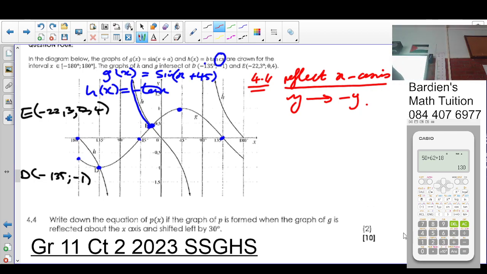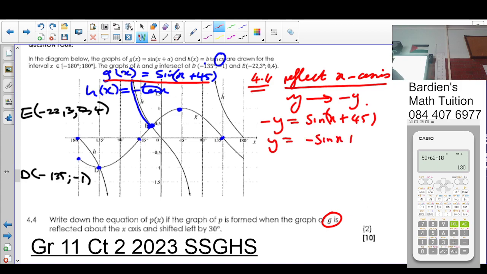So if something is reflected in the x-axis, y becomes negative. So it's a reflection of g. This is the equation of g. So it becomes negative y is equal to sine x plus 45, which is simply y is equal to negative sine x plus 45. Then the graph shifts 30 degrees to the left. Do I add or subtract the 30 degrees? You add the 30 degrees. So it's plus 30.